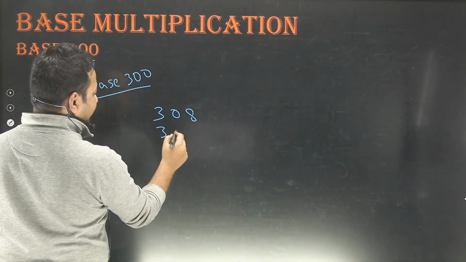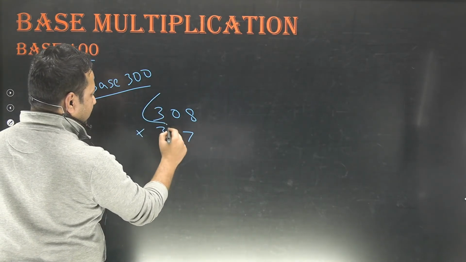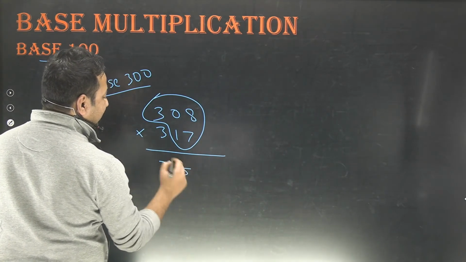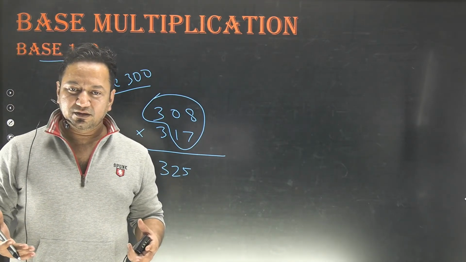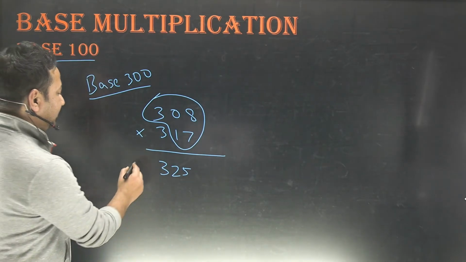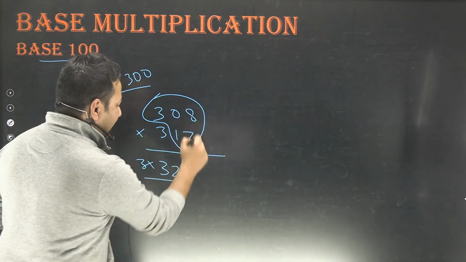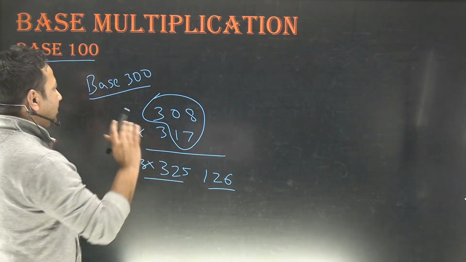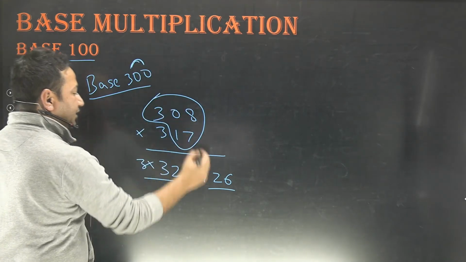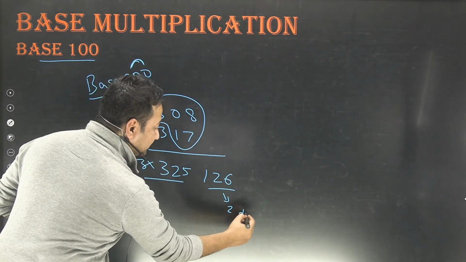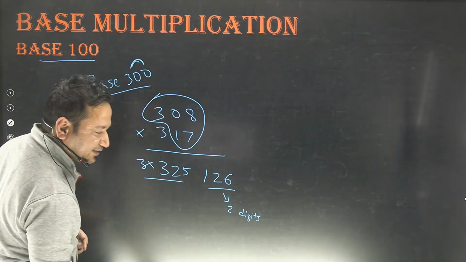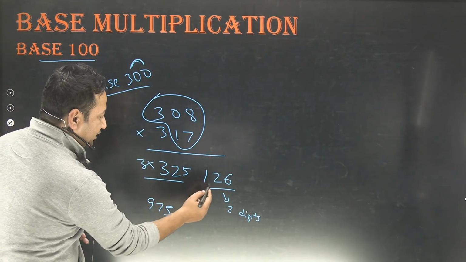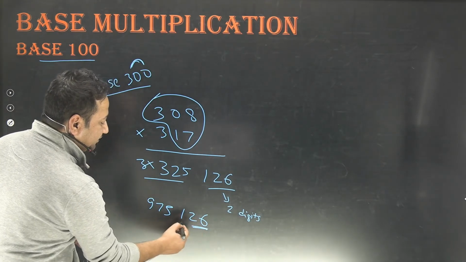308 multiplied by 317. Look at this. 308 plus 17 would give you 325. But because the base is 300, we need to multiply them by 3. All right. 8 into 17 is 136. Now look at this. I'm repeating the statement. In the base we have two zeros, so only two digits are allowed. I think I have said it 50 times in this session. This will be 975, and this 136 is there. 36 can only remain, this one has to be carried forward.